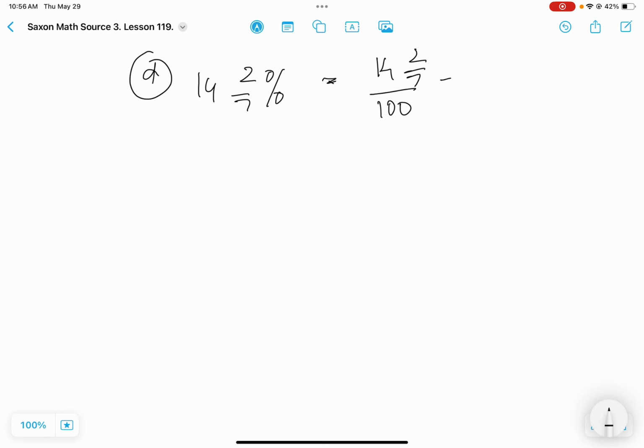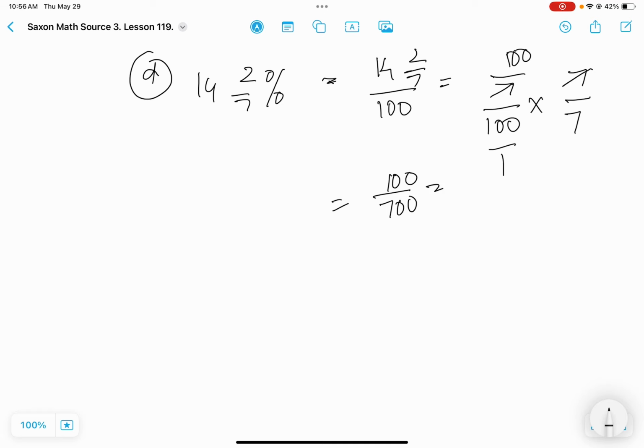Let's convert it into an improper fraction. 14 times 7 is 98. 98 plus 2, that is 100 by 7 divided by 100 by 1. If 7 is the common denominator, it's going to be 100 by 700, which is 1 by 7. That's your D.